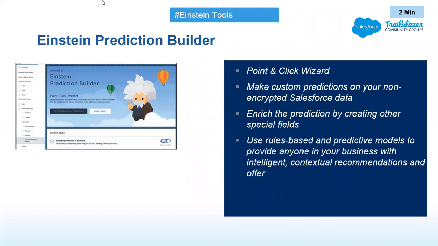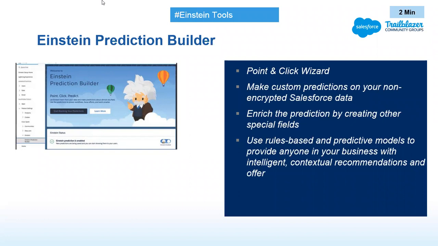So you can make your custom predictions, because that's for your custom predictions. Of course, you will have to create certain fields to store the predicted value, but it works on your non-encrypted Salesforce data, and it enriches the prediction by creating other special fields.